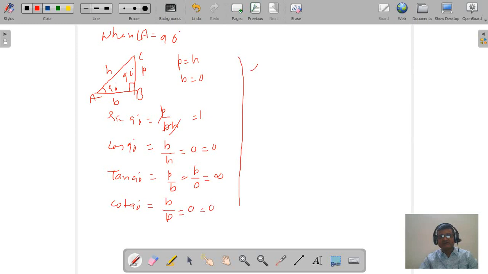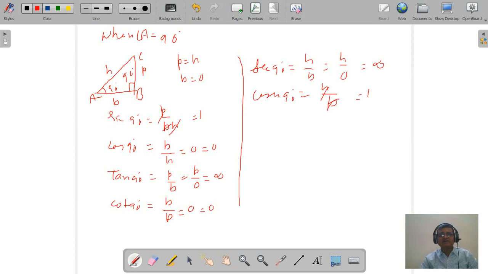Now we'll discuss sec 90 degrees. Sec 90 degrees is nothing but H upon B. Since B is 0, this is going to be infinite. And cosec 90 degrees is hypotenuse upon perpendicular, and hypotenuse and perpendicular are same, so this is going to be 1.